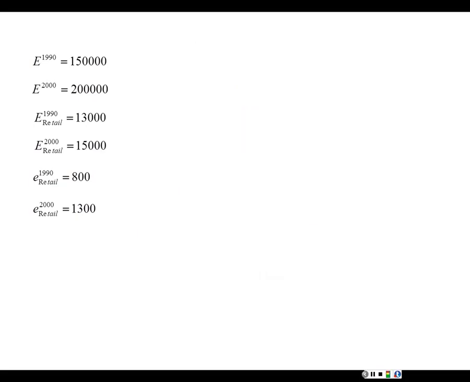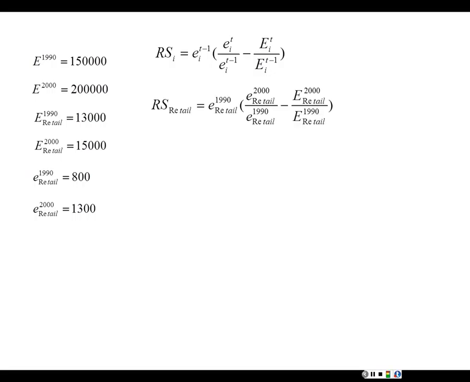And the next thing is regional shift, and here's the regional shift formula. A regional shift further compares your local retail growth to the national level retail growth. If you plug in the numbers, you will find out over the past 10 years, between 1990 and 2000, retail grew by 62.5% in your local region, but it only grew by 15% in the country.